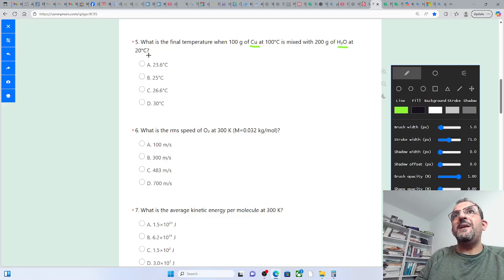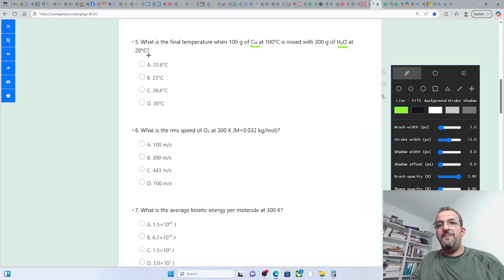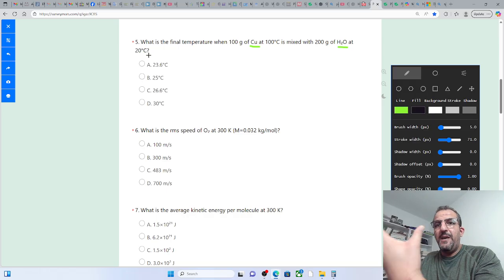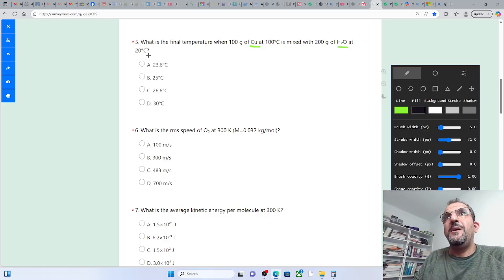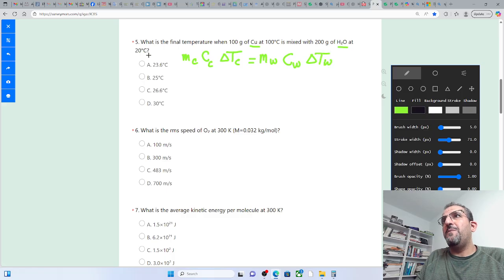So now we can benefit from the heat for system 1 is equal to the heat for system number 2. So we'll do the mass of the copper, the specific heat for the copper times change in temperature for the copper. That's equal to the mass of water, the specific heat of water, times the change in temperature for water. Okay, let's rewrite this equation.